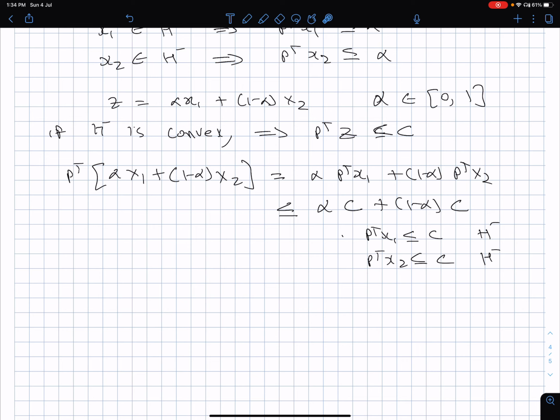But if P transpose x1 is less than or equal to 5, then 0.1 of P transpose x1 will be less than or equal to 0.1 times 5, which is what I have written here.